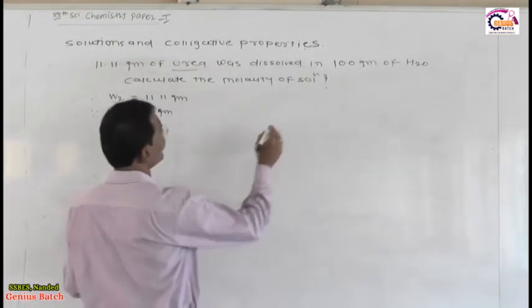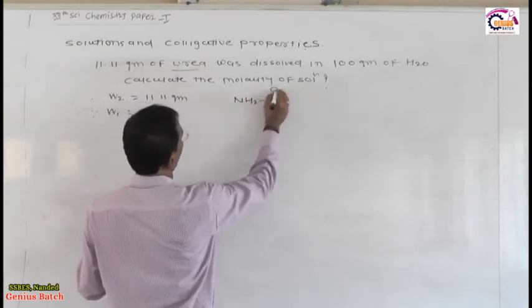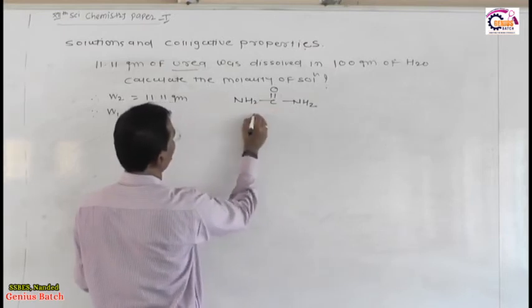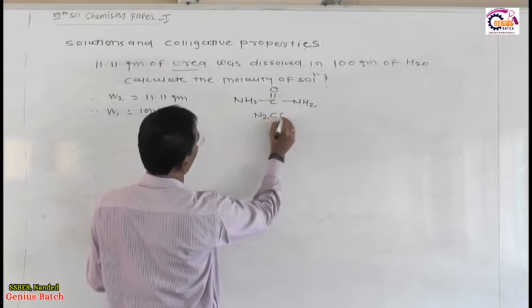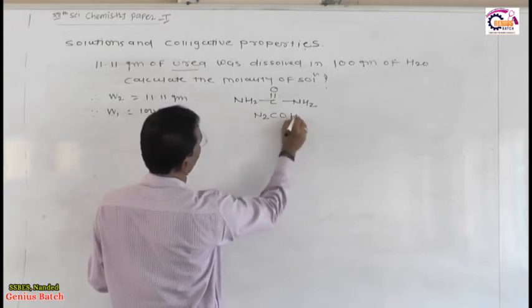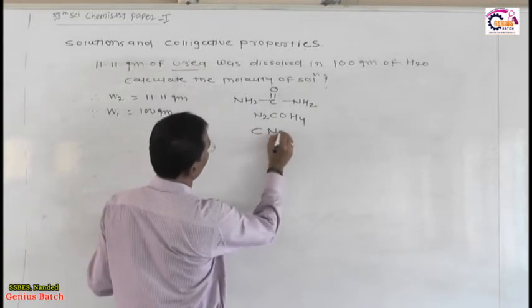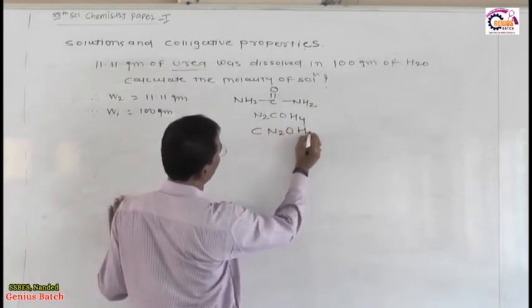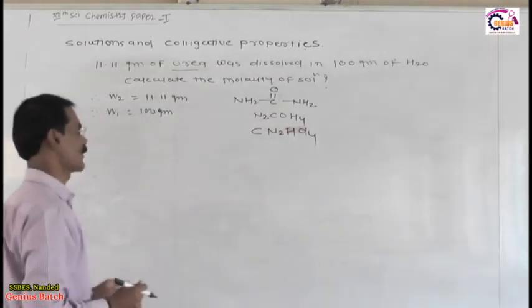How do we calculate it? You know the structure of urea, NH2 bond CO bond NH2. The molecular formula of urea becomes N2, because 2 nitrogen atoms, then CO, then finally H4, so CON2H4. This is the molecular formula.